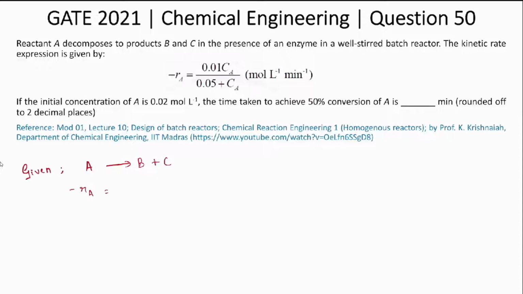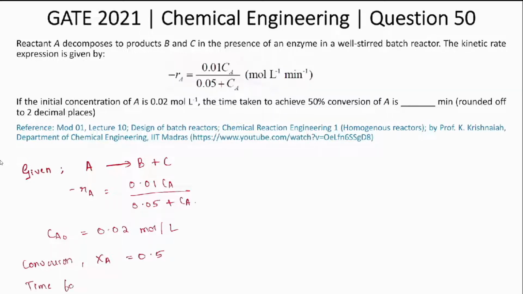So you have A giving B plus C as the reaction with the reaction rate 0.01 Ca by 0.05 plus Ca, and the initial concentration Ca0 is also given, 0.02 mole per liter. The conversion is also given, which is 50%, or Xa is equal to 0.5, and we just need to find the time required to achieve this conversion in a batch reactor.